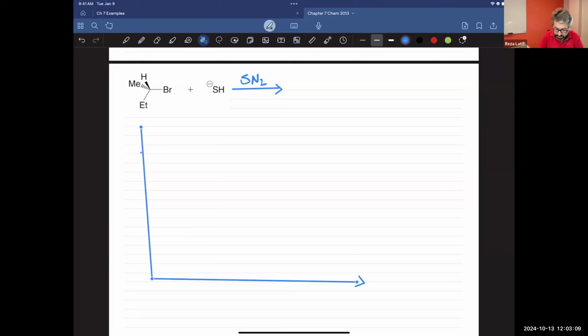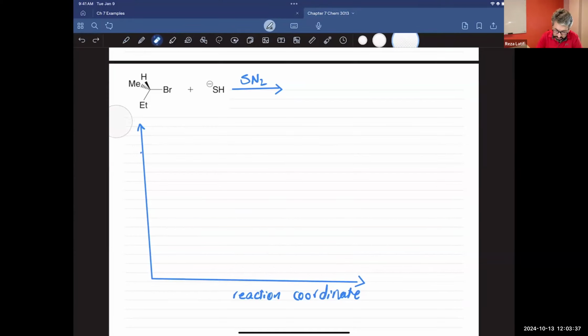Here I'm going to draw a reaction coordinate diagram. Then I put delta H, or the energy of the reaction, the energy of the system. So you can simply call it energy.